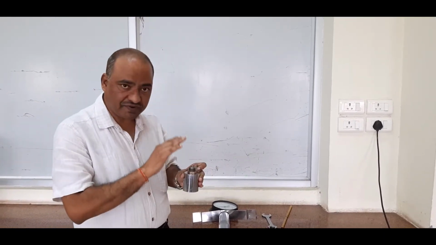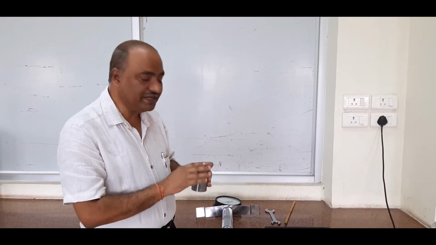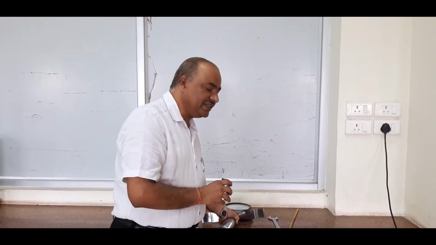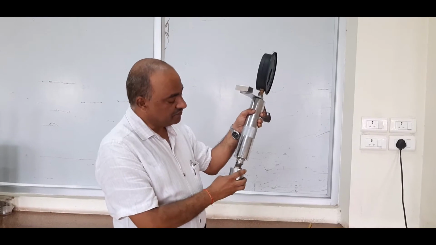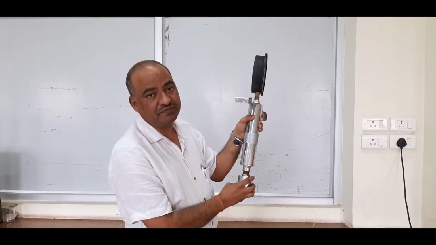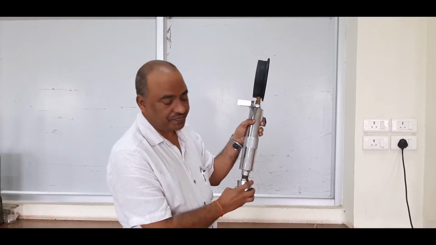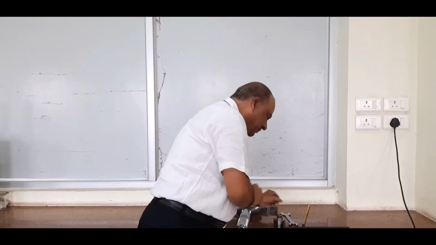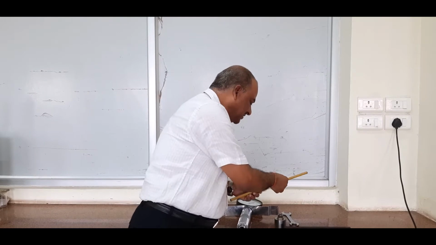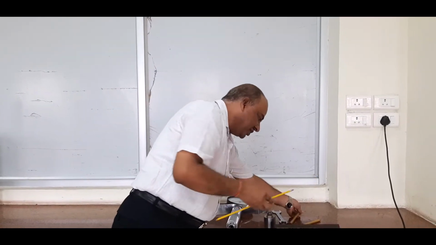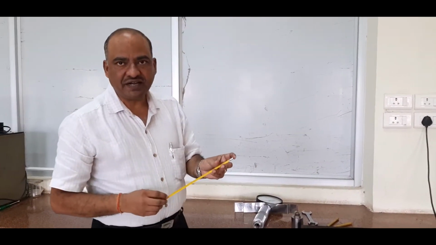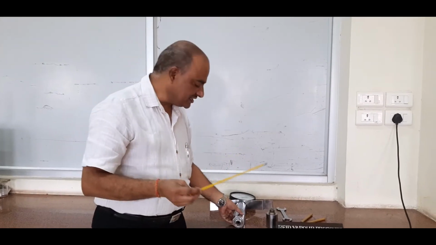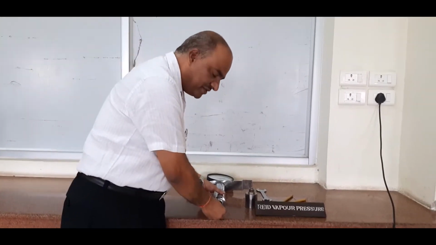Then after filling the sample, immediately join this vapor chamber with this sample chamber without any delay. Before joining the vapor chamber, you have to record the vapor chamber temperature by putting this long thermometer inside the vapor chamber.